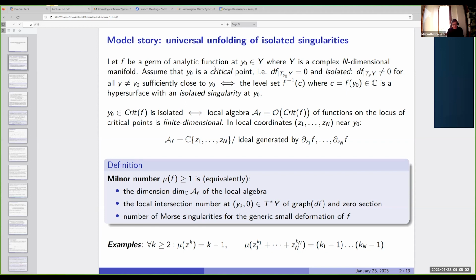The second definition is a topological definition. One can consider the cotangent bundle to a manifold. Then it has two Lagrangian submanifolds: the zero section and the graph of the differential. This isolated singularity means that the intersection point, Y0, 0, is an isolated intersection point.